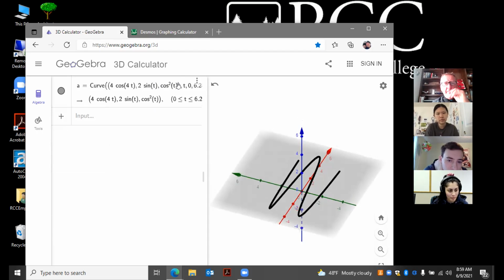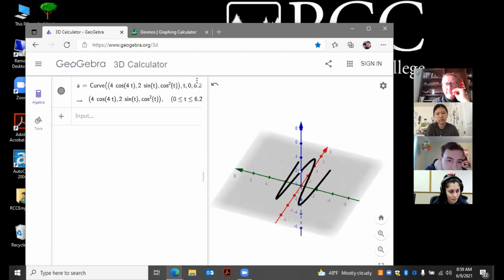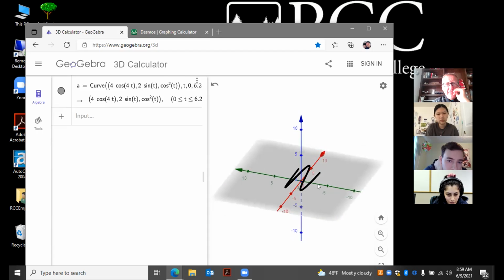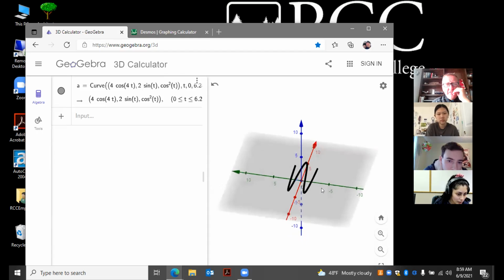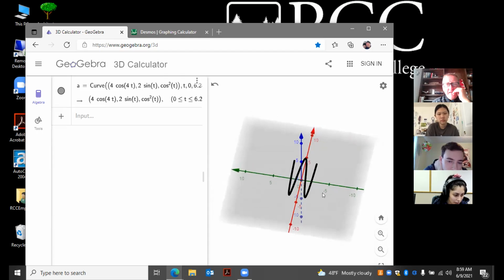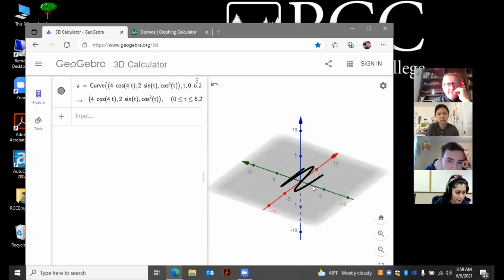Wonder if it lets me do that. You do need to remember you need to zoom out. So that's kind of interesting. You got something similar? This doesn't seem to want to come back on itself. Yeah, mine looks a little different because I used cosine. Sorry, sine of t squared.